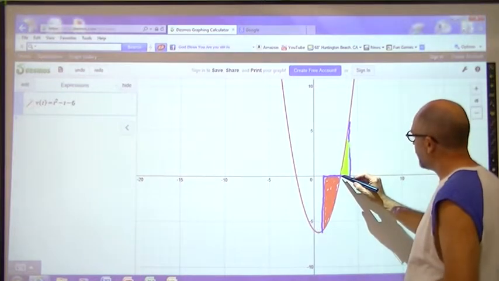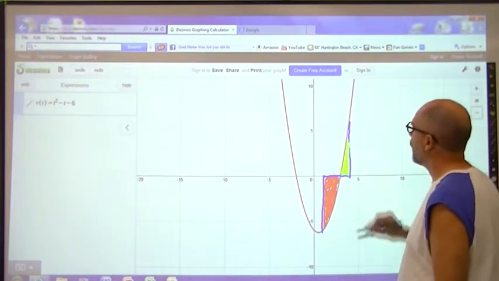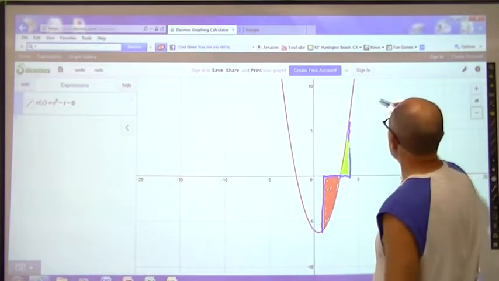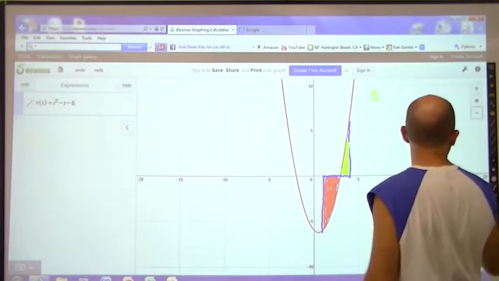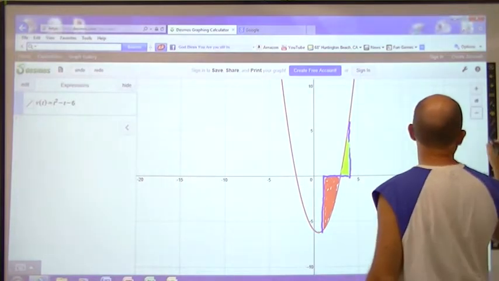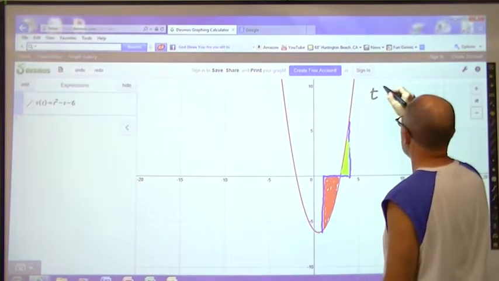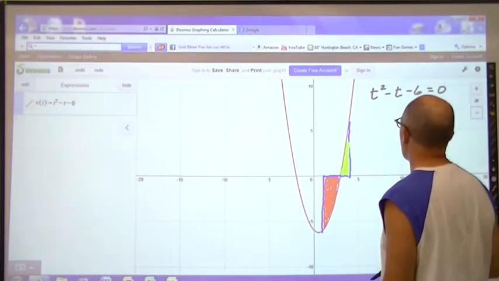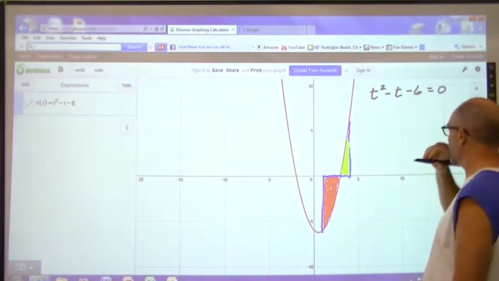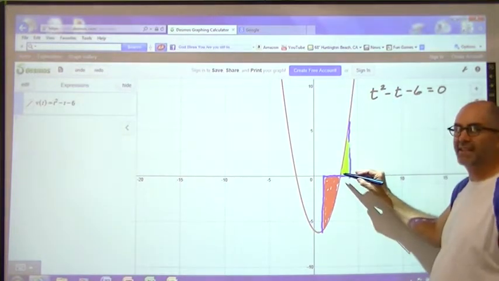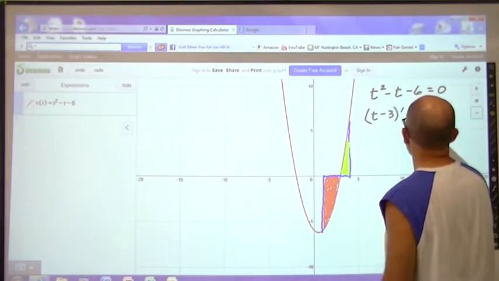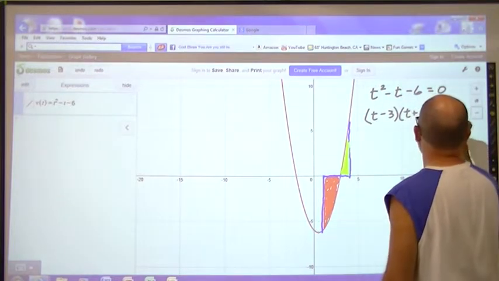Okay, where did it go from negative to positive, that is? So what we do is we say, all right, let t squared minus t minus 6 equals 0. We want to set that equal to 0 because we want to find out where it crosses the t-axis. So we're going to factor this, and this becomes t minus 3 times t plus 2 equals 0.